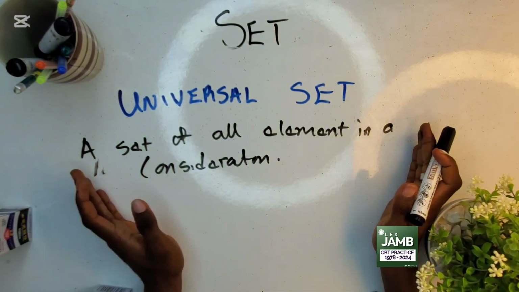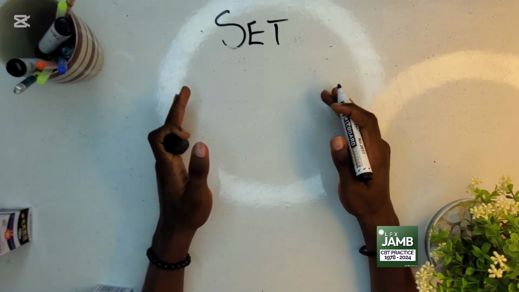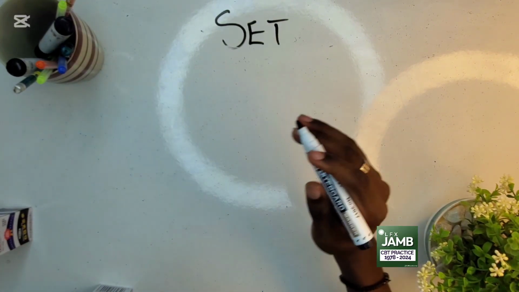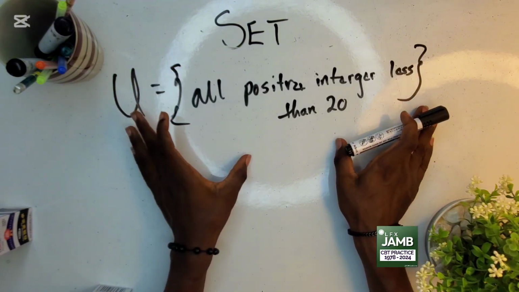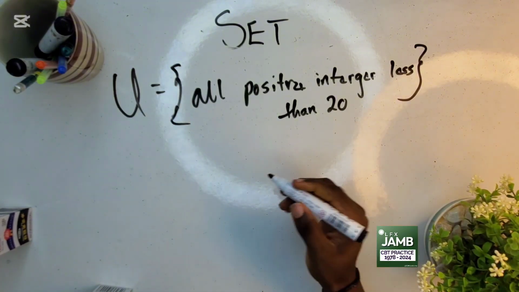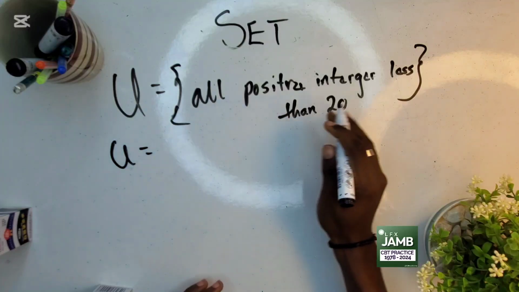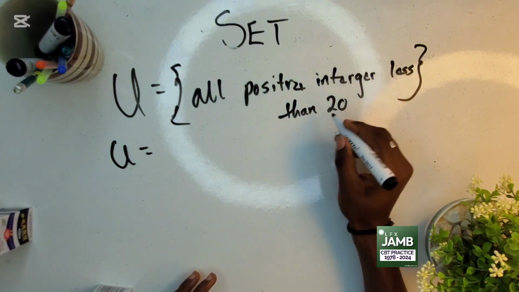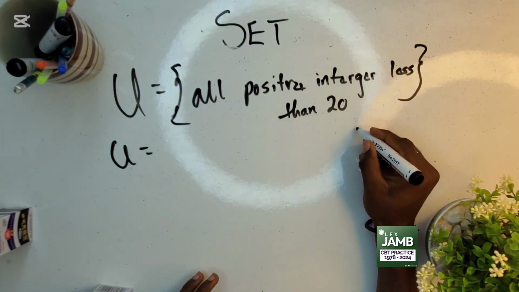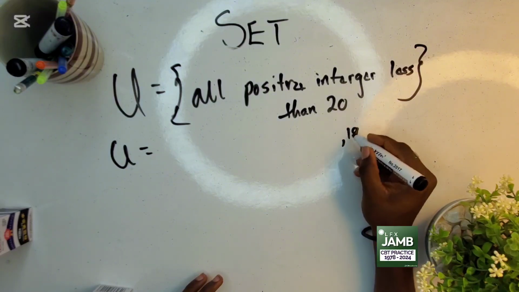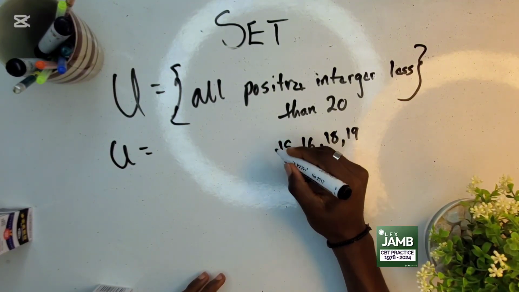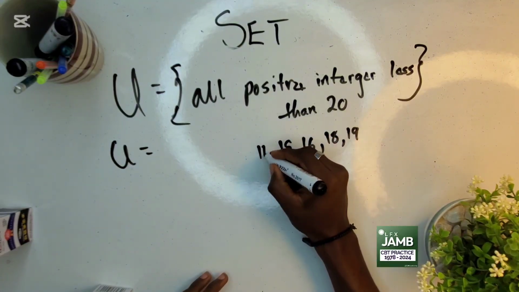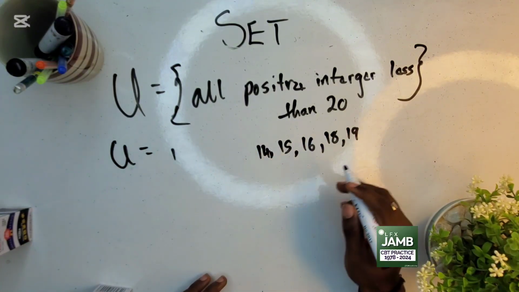Let's take an example. If you are given a universal set, a general consideration, the symbol for universal set is U. To find all positive integers less than 20, we have 19, 18, 17, 16, 15, 14, up to 1.